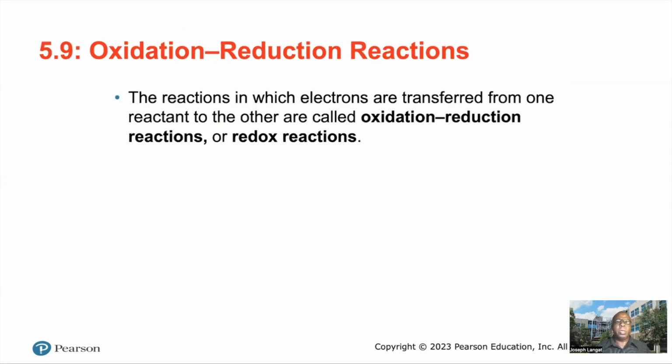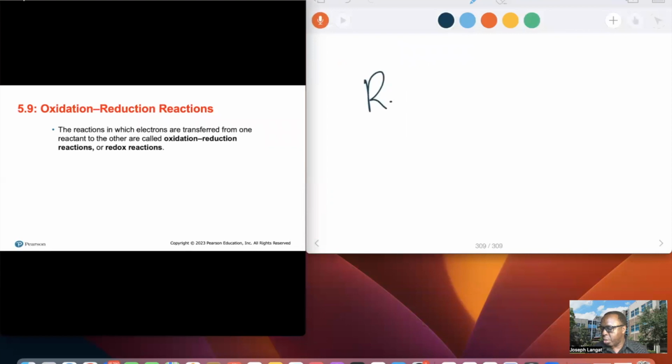And lastly, I want us to look at 5.9, oxidation-reduction reactions. This is the last section in chapter 5. There are some reactions which involve transfer of electrons. We call those oxidation-reduction reactions, or simply redox. These are two reactions taking place at the same time, and you should know what they are. It involves transfer of electrons.